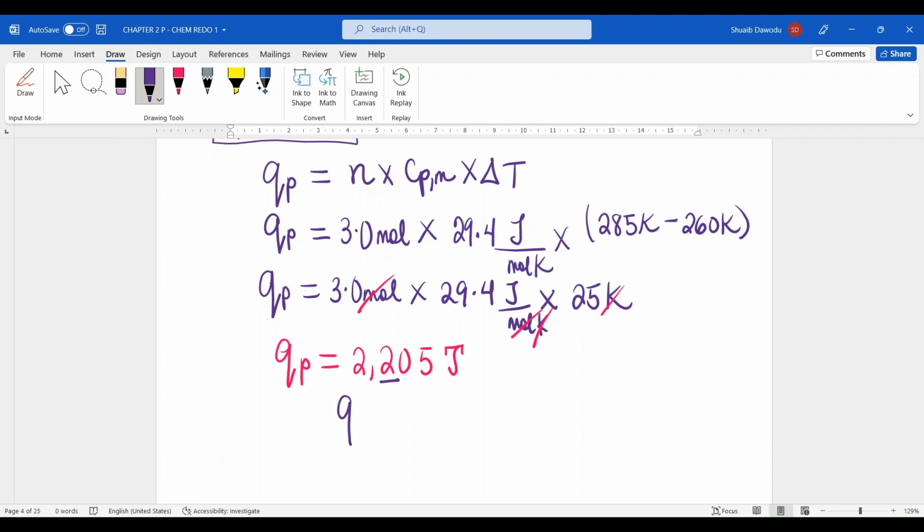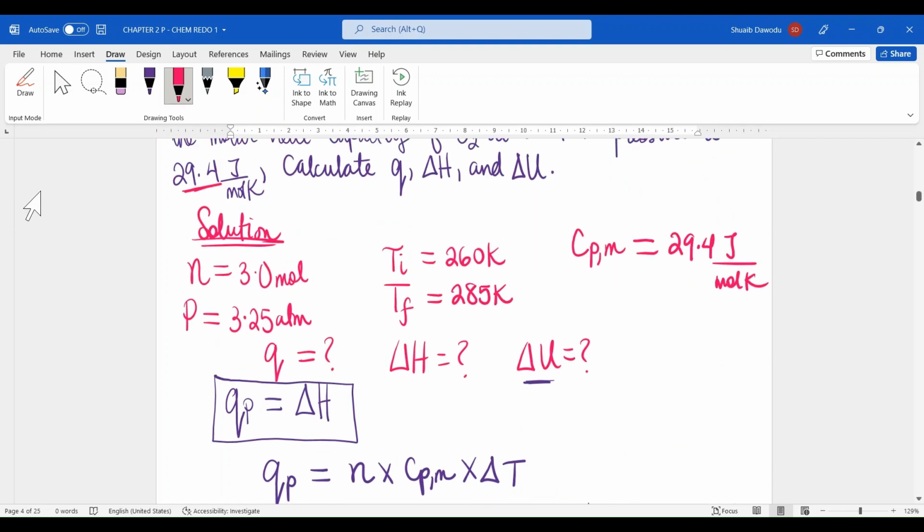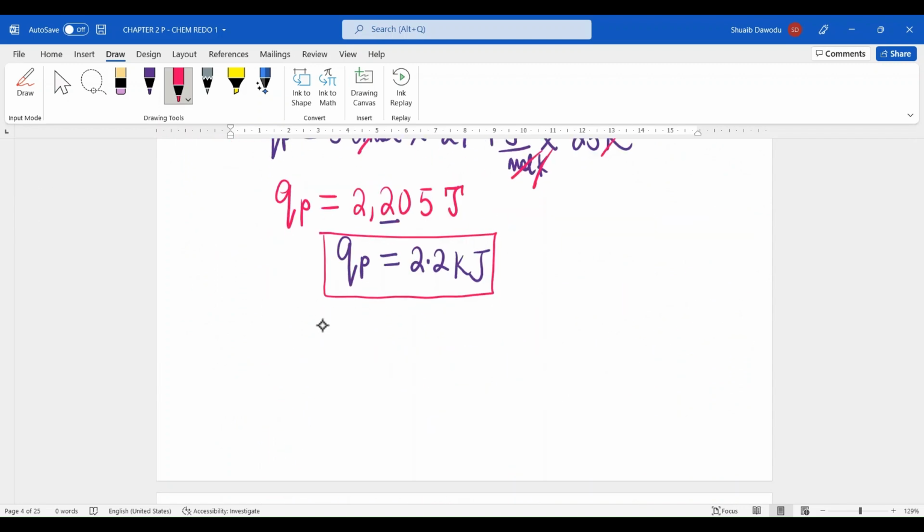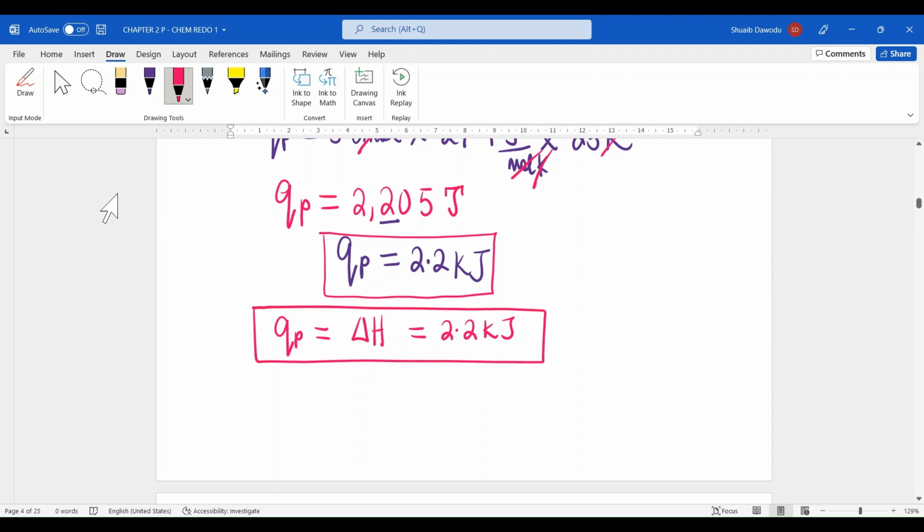Q sub P is 2.2 kilojoule. So we've determined heat at constant pressure, and the change in enthalpy, which is the same thing, is also 2.2 kilojoule.